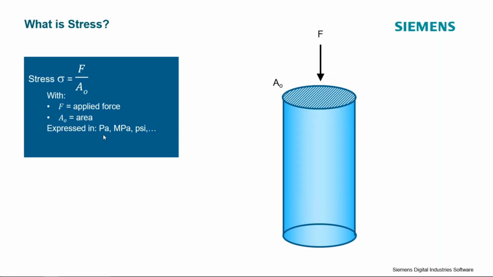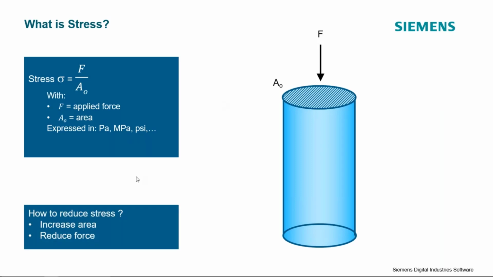Stress is expressed in units of pressure, so pascals, MPa, or in English units, PSI or KSI. And with stress, there's kind of two different knobs that we can turn to reduce the stress experienced by a part. So we can either increase the area over which our force is acting, or we can reduce this force.